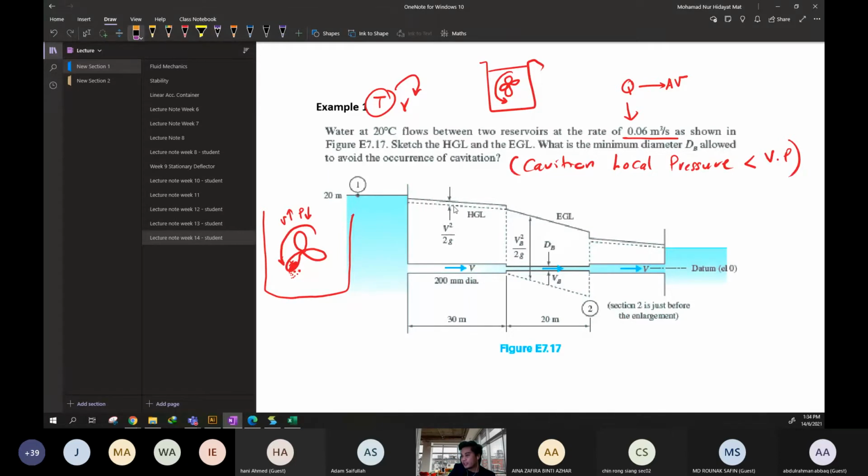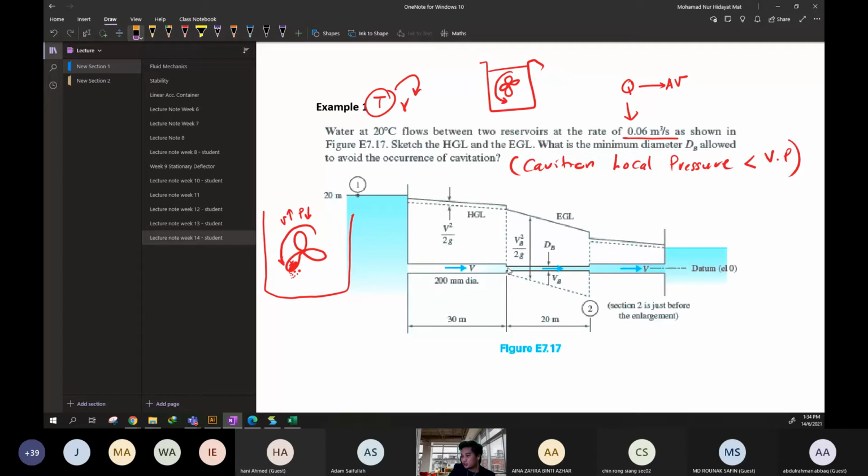And then it continuously drops due to the friction along the pipe. And then we have a sudden contraction again. We have a slight drop. This drop is much bigger, you can see.